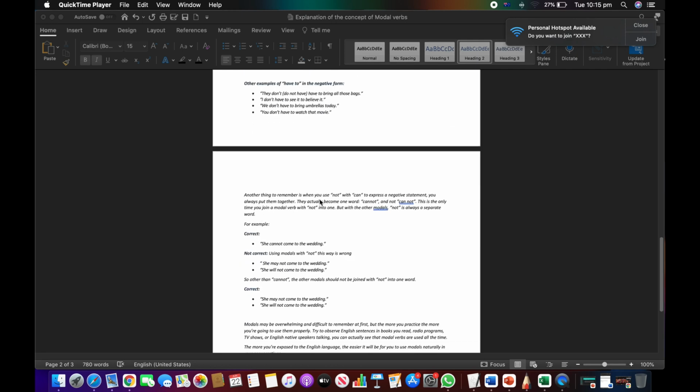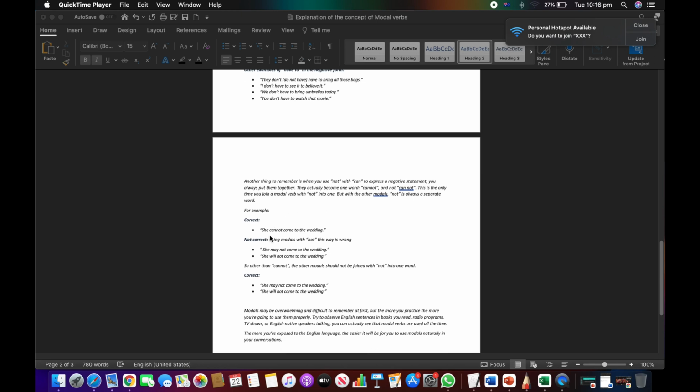Another thing to remember is when you use not with can to express a negative statement, you always put them together. They actually become one word: cannot. This is the only time you join a modal verb with not into one. But with other modals, not is always a separate word. For example, the correct version is: she cannot come to the wedding.